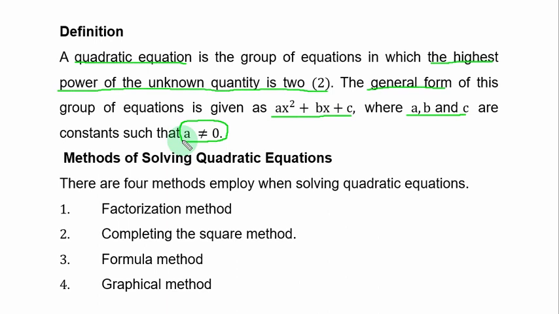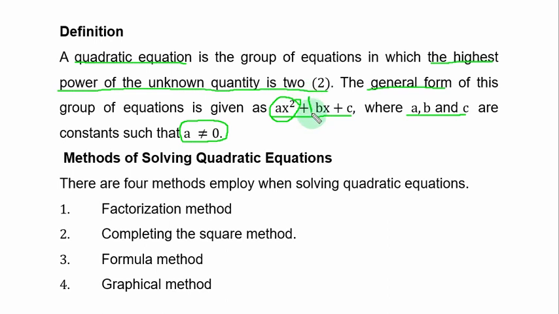For us to keep on having a quadratic equation, the coefficient of x squared, a, must not be 0. This is what happens when a is equal to 0. If you multiply x squared by 0, you have 0.